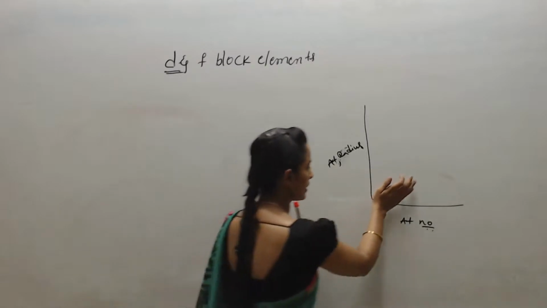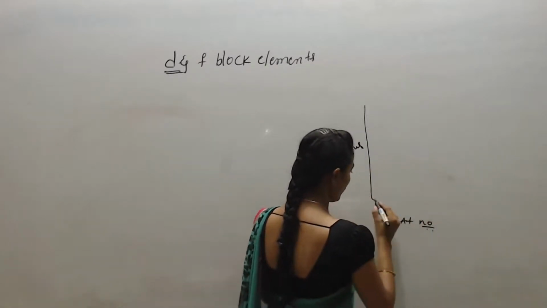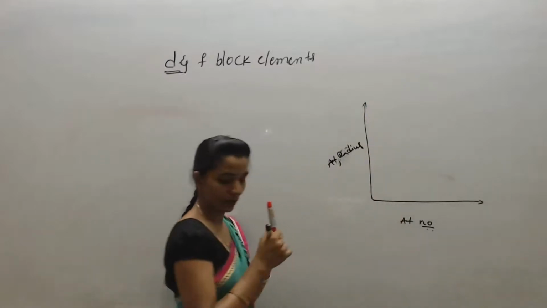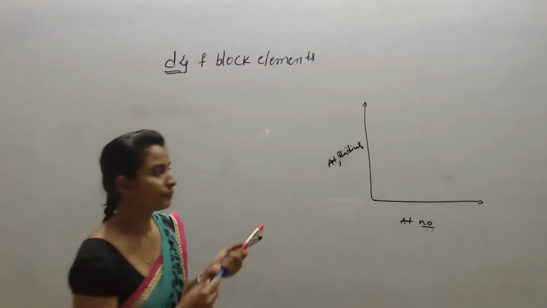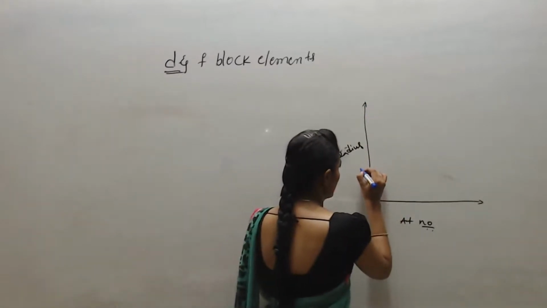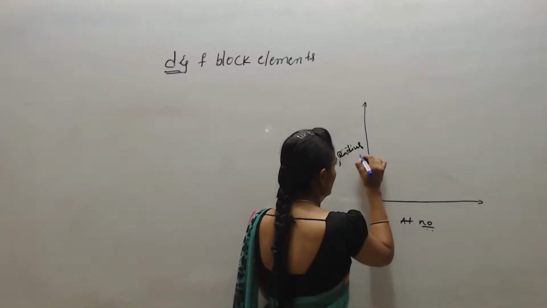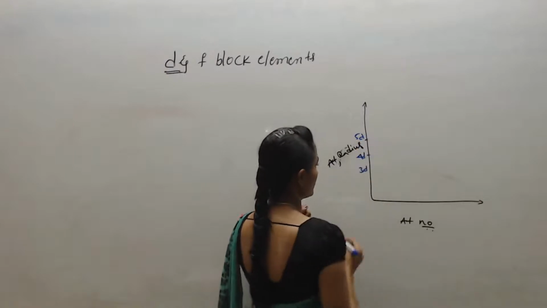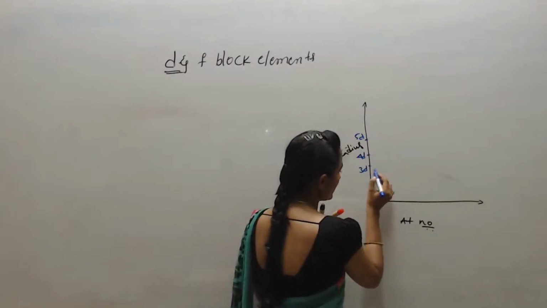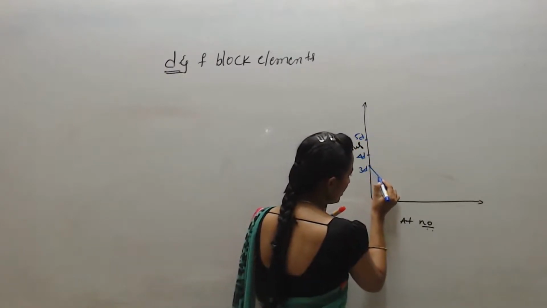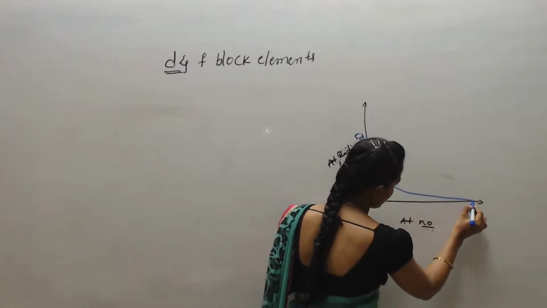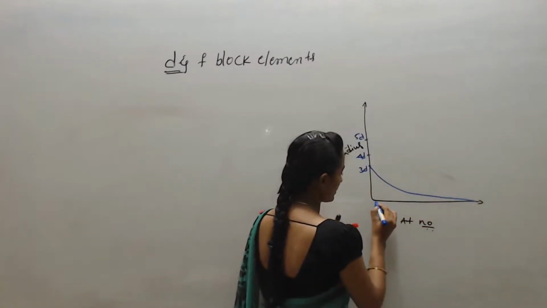I'll take three series here, 3D, 4D and 5D. Okay, so listen, this is the 3D series, this is 4D and this is 5D as well. So the 3D series keeps on decreasing in size as the atomic number increases.